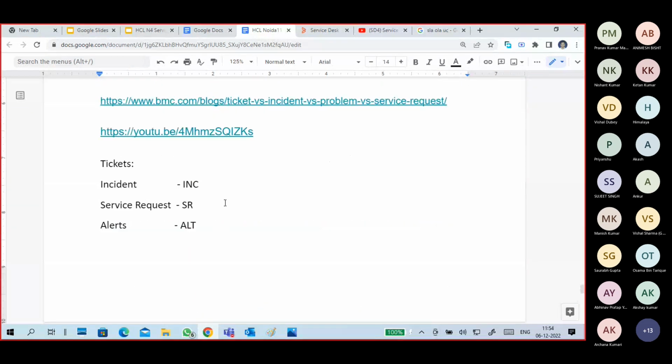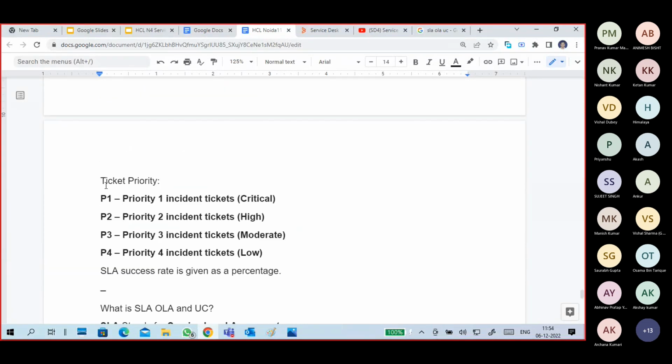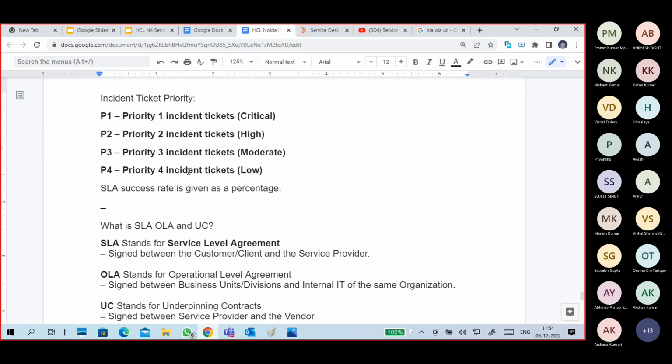Okay, and about a ticket and different types of tickets, in the incident tickets priorities. Okay, in incidents only we give ticket priorities. Of course, ticket priorities are also there. This is incident ticket priorities, P1, P2, P3, P4, and there are time durations also there.